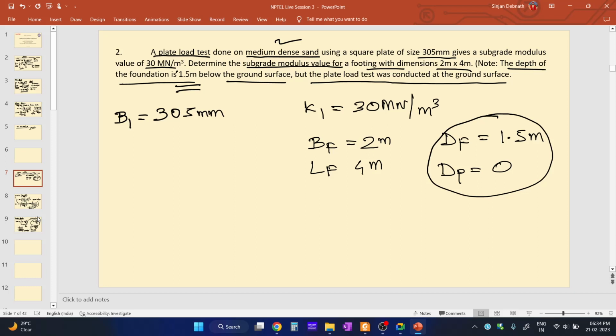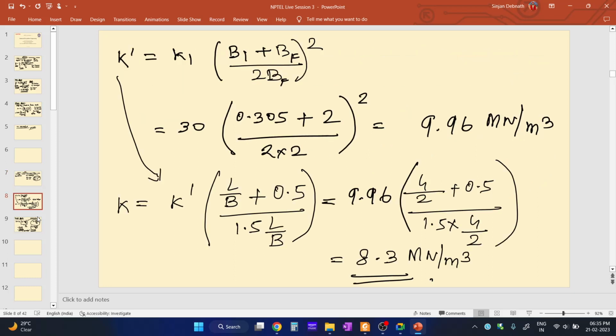After this plate load test, we extrapolated the value of subgrade modulus to a square footing having a size 2 meter by 2 meter. In that case it came out to be 9.96. See, k dash was 9.96.